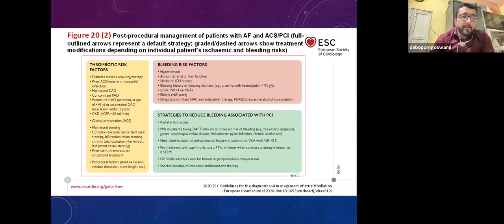What is recommended as per the ESC guidelines is radial artery access, PPIs in patients taking DAPT who are at increased risk of bleeding, non-administration of unfractionated heparin in patients on VK with INR more than 2.5, pre-treatment with aspirin only and adding a P2Y12 inhibitor when the coronary anatomy is known, or if STEMI, GP2B3 inhibitors only for bailout or periprocedural complications, and shorter duration of combined antithrombotic therapy.